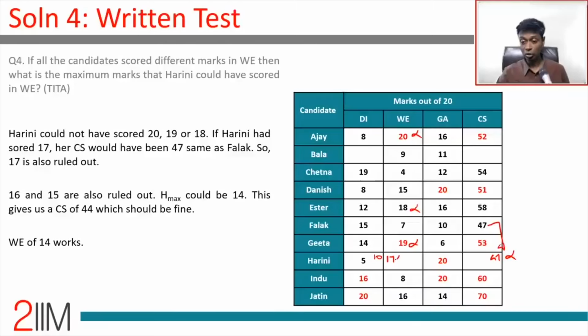So 17 is also ruled out. 16 is ruled out. 15 is ruled out. Maybe 14 will work. 14 gives us a composite score of 10 plus 14, 24 plus 20, 44, which nobody else has. That will work. So a WE score of 14 for Harini satisfies all the conditions given.